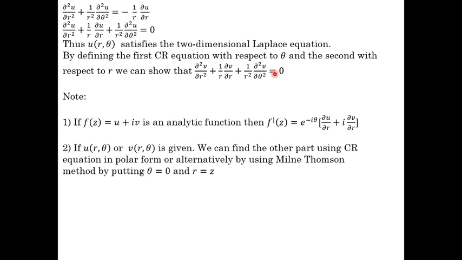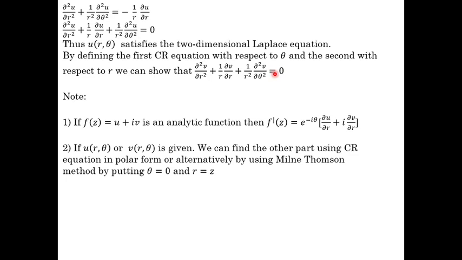Note, here we have some formulas. In the Cartesian form, if f(z) is an analytic function, then the differentiation exists. What is the differentiation formula for the Cartesian form? f'(z) is equal to ∂u/∂x plus i ∂v/∂x. Similarly, in the polar form, if f(z) is analytic, then the CR equations are satisfied in polar form and the differentiation also exists.